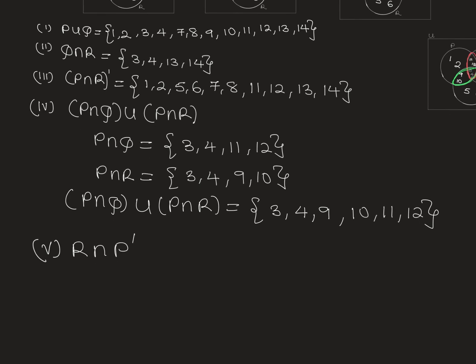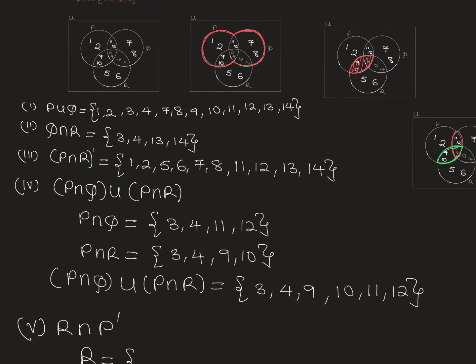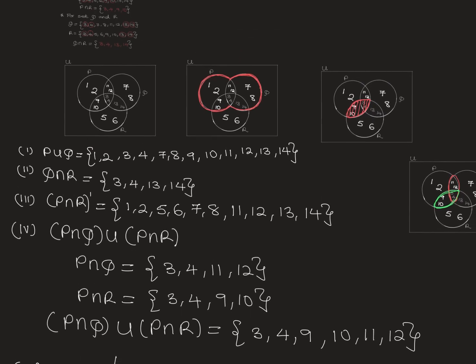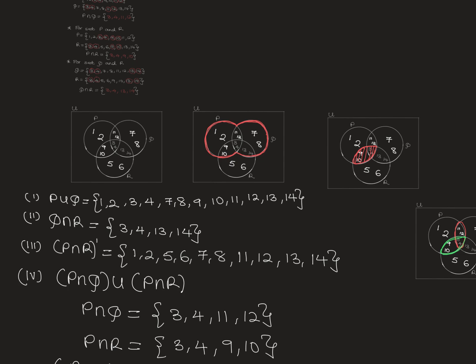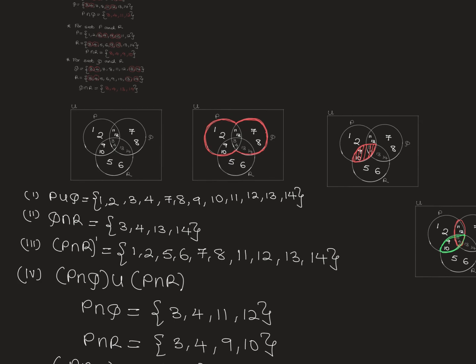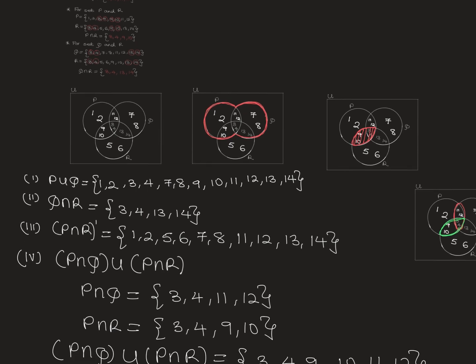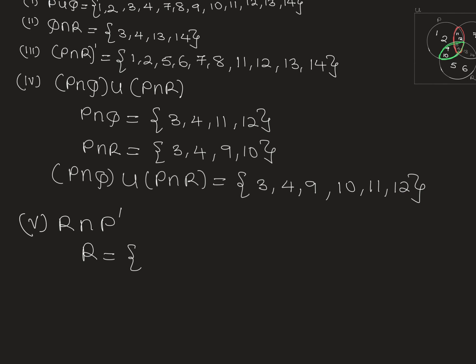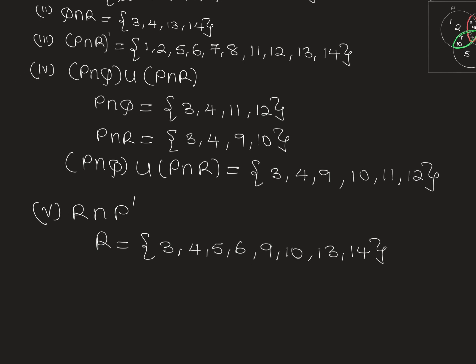What that means is, first let's try to find the members of R. Set R has members 3, 4, 5, 6, 9, 10, 13, and 14. This is set R.